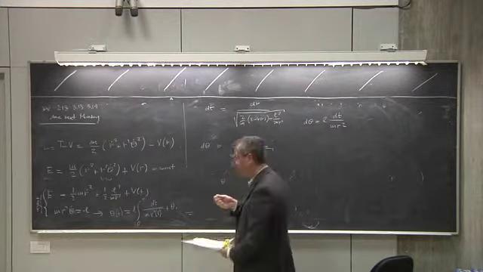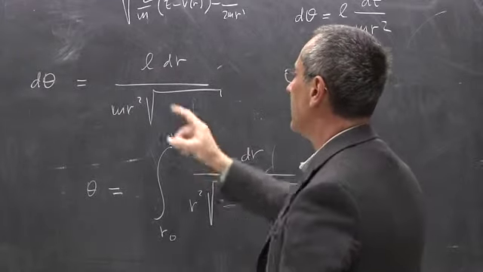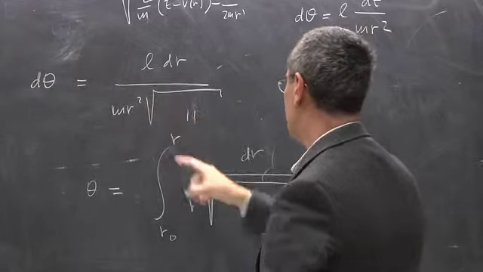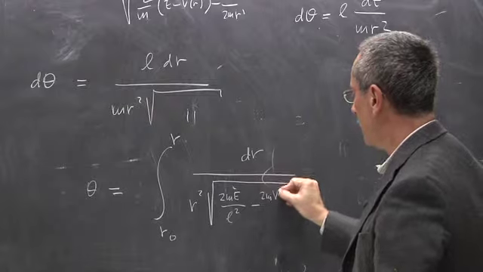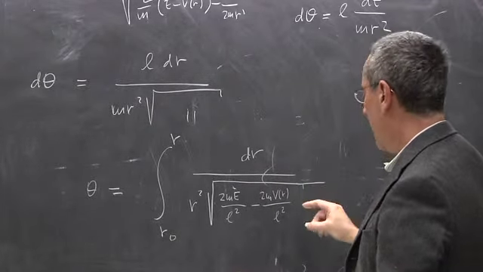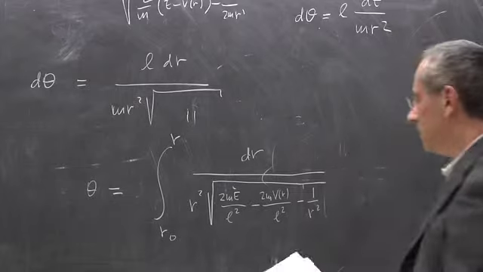So I have r squared outside. That's okay. And then I have the square root of what? 2mE. So I take L and m inside, so I have an L squared down, right? Then 2mV, the potential, divided by L squared. So I'm already simplifying a little bit.